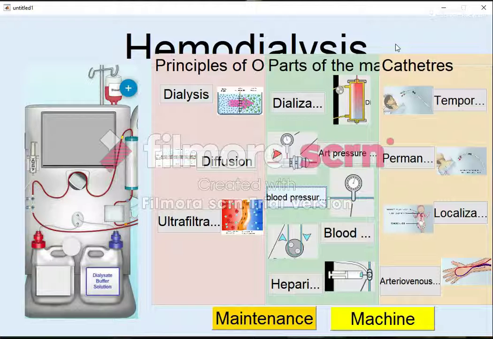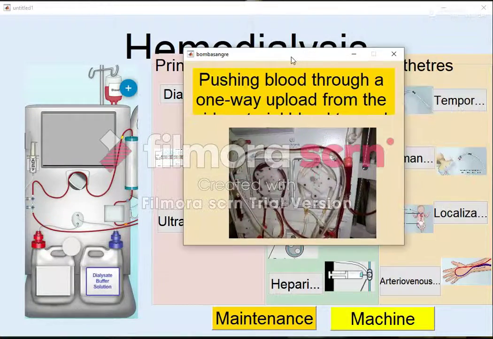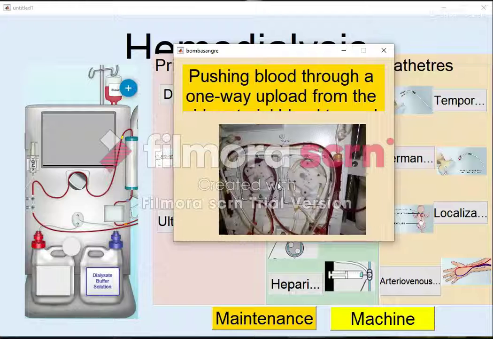In this part we can see the peristaltic motor, which is in charge of generating a cycle for this tube. This is blood and this is the heparin.